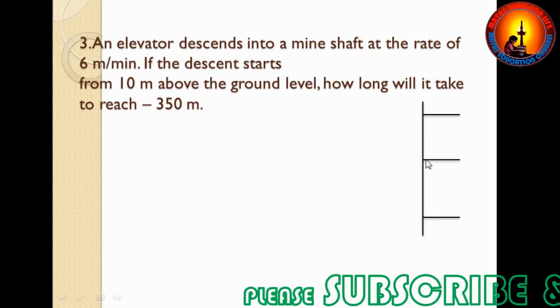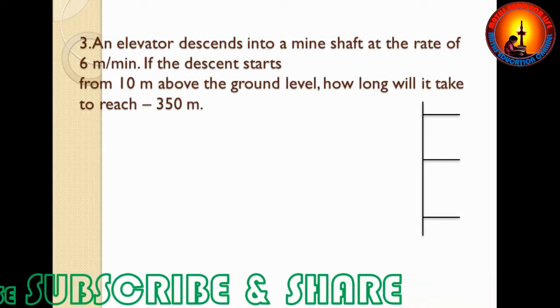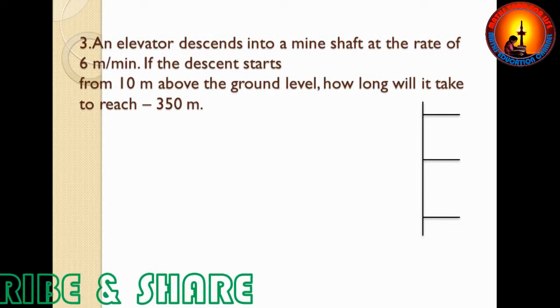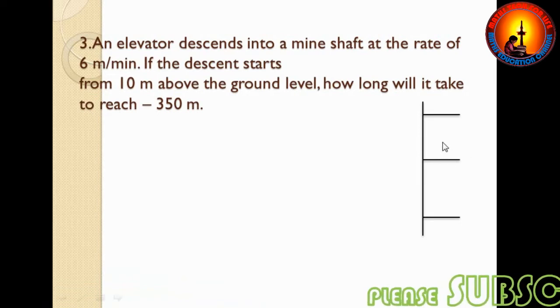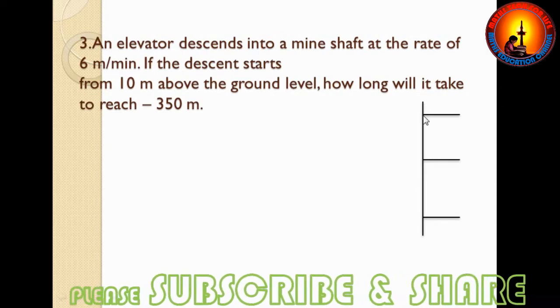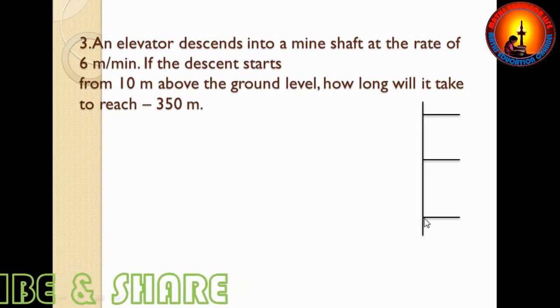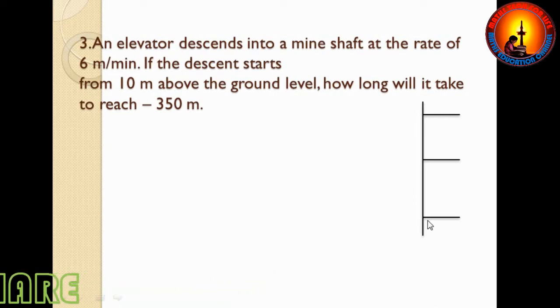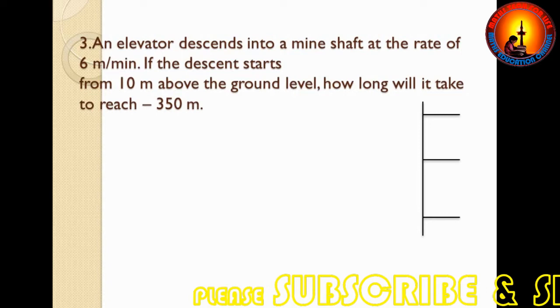We already discussed in our previous video how we can represent negative integers in our life. So the ground level you always take as 0. Then the upper part of 0 is positive integers, so this will be 10 meters above ground level. Below ground level is always negative. Negative 350 means below, that is 350.